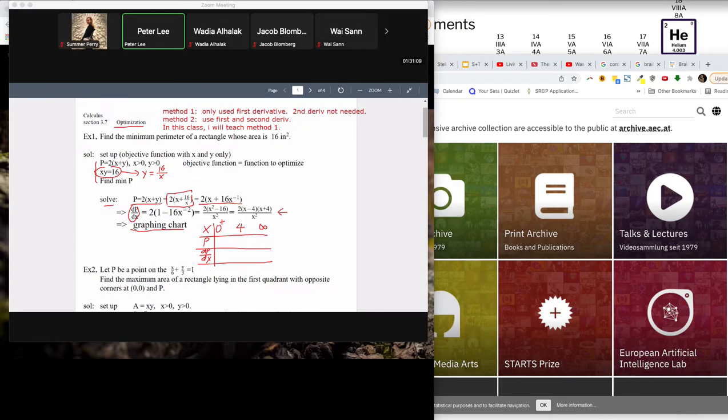Note that negative 4 is out of range. When x equals -4, yes, the derivative is 0, but this is out of range, out of domain. So we don't need to worry about -4. As you can see, x must be bigger than 0.